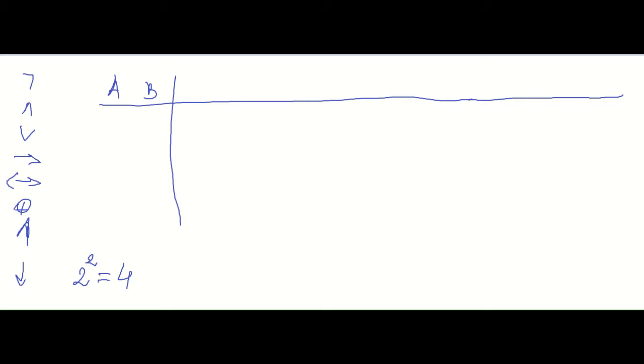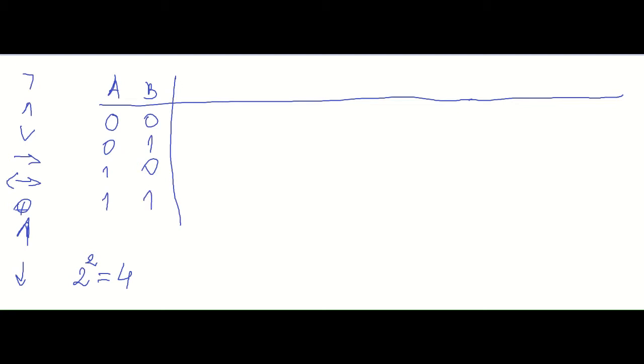So that's why we draw here all possible combinations of 0 and 1, or true or false. 0 is for false and 1 for true. So both can be false, one of them can be true, another one can be true, and both can be true.